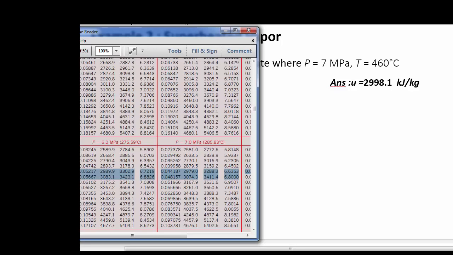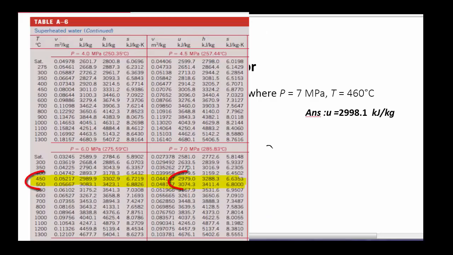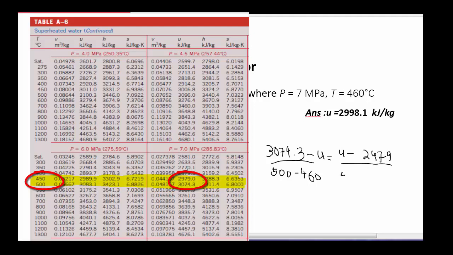Let me grab my pencil tool. (3074.3 minus U) divided by (500 minus 460) equals (U minus the U at 450 degrees Celsius, 2979) divided by (your current temperature minus the temperature in the table, 450).